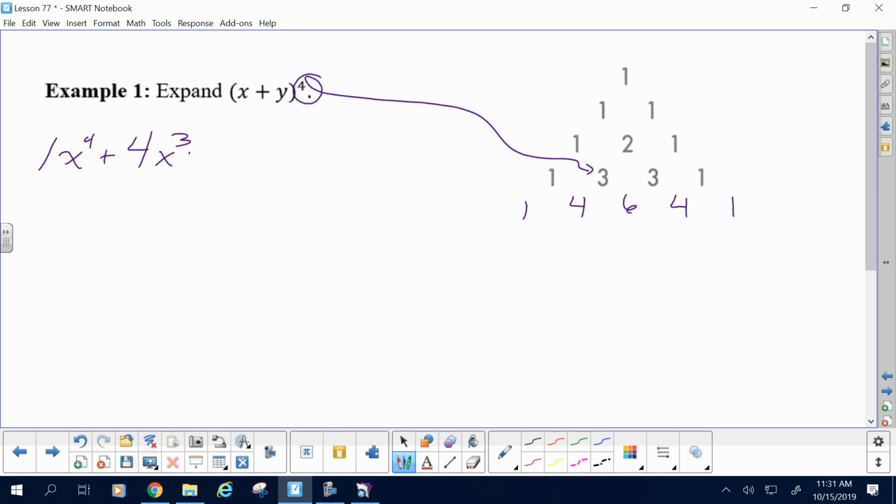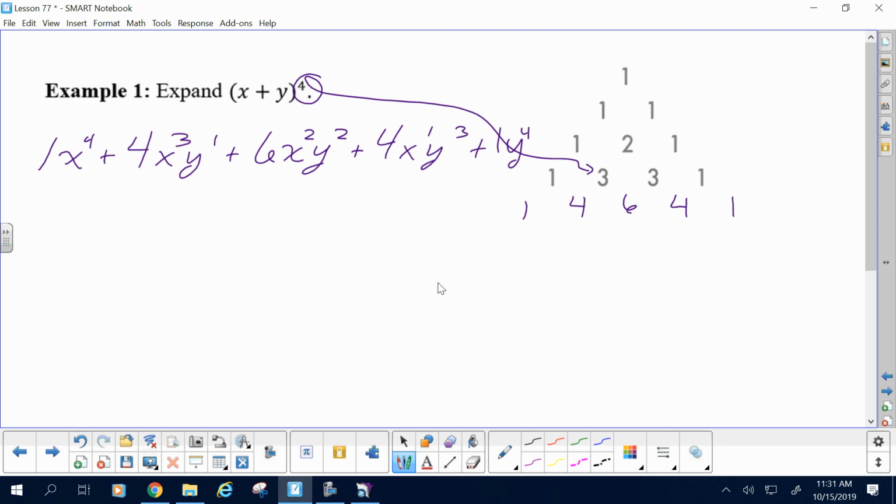Now we're getting a y to the 1, yeah? What's your next term, or the 3rd term? 6x squared y squared plus 4xy cubed, plus 1 y to the 4th.